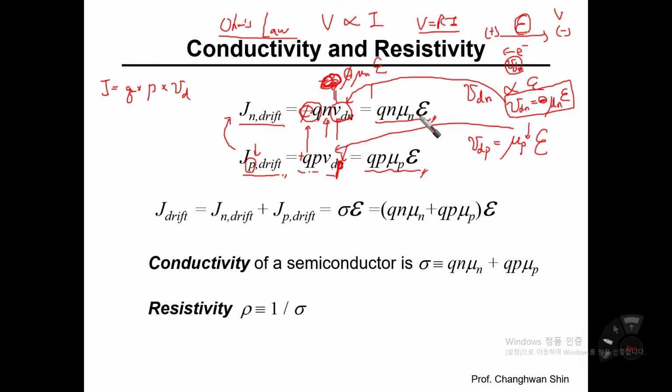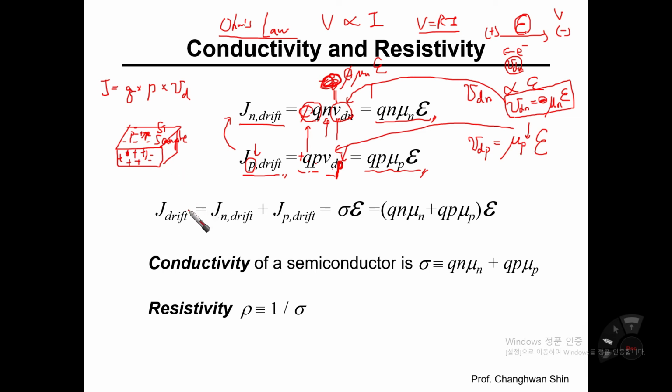In the previous slide I said this is a p-type silicon sample, so many holes are there. However, there are still minority carriers, electrons, so a very small number of electrons exist in the p-type silicon sample.